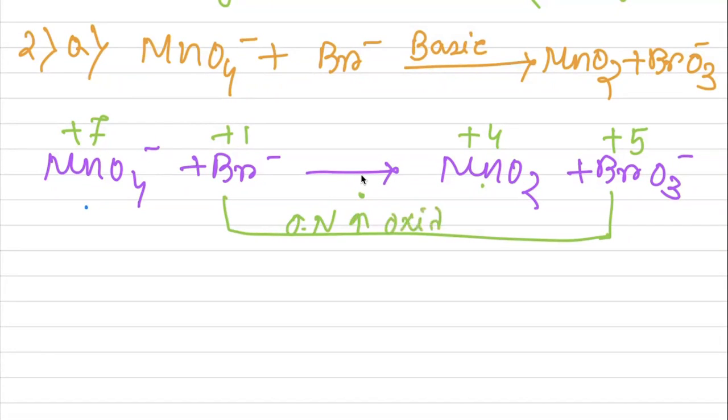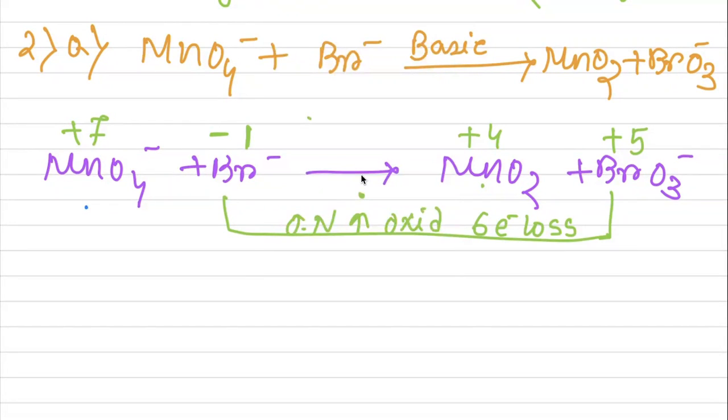How many electron will be lost? Here bromine is in -1. Bromine always -1. So bromine to plus bromine. That means 6 electron loss. Yes, miss. 6 electron loss.